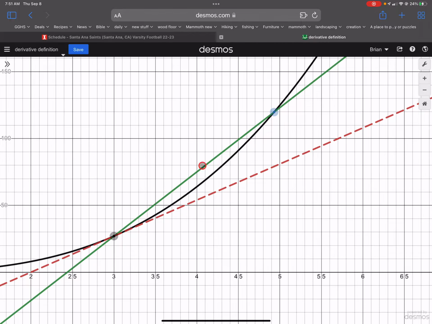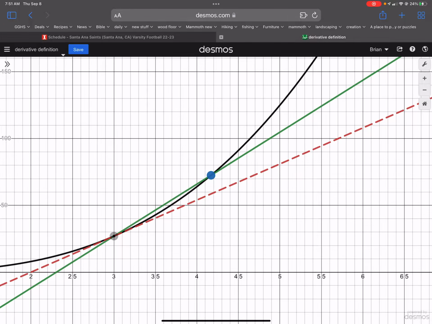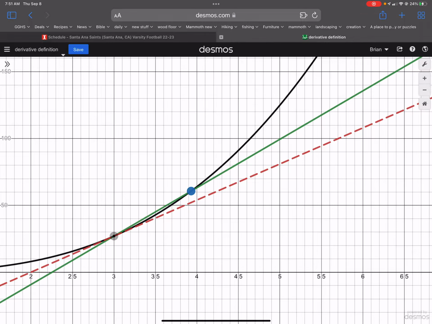But for this green line, we can. And I'll switch back and forth between this and another picture. But the cool thing, see this second point, I can move that. And as I move this closer and closer to the first point, notice what happens to the green line, the secant line.